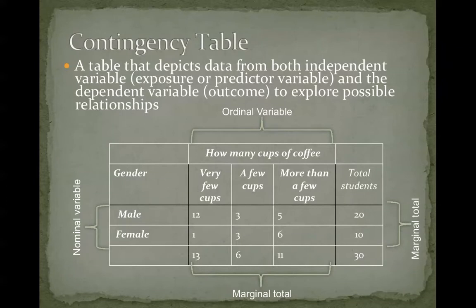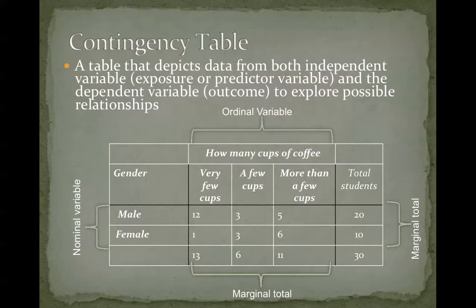So here is a contingency table set up. Again, it's the independent variable or predictor variable, and the dependent variable, which is your outcome variable, and then exploring possible relationships. I've made a very simple example here of gender and coffee drinking. Let's talk about some of the overarching issues for this table.